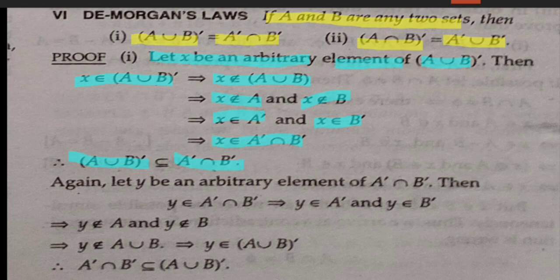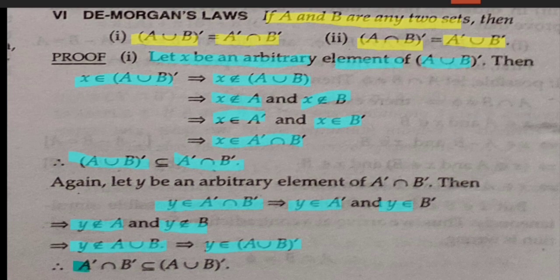Again, let y be an arbitrary element of A dash intersection B dash. Then y belongs to A dash and y belongs to B dash, which can be written as y does not belong to A, because y belongs to A dash means y does not belong to A. Again, y belongs to B dash means y does not belong to B. Therefore, y does not belong to A union B. Therefore, y belongs to (A union B) complement.